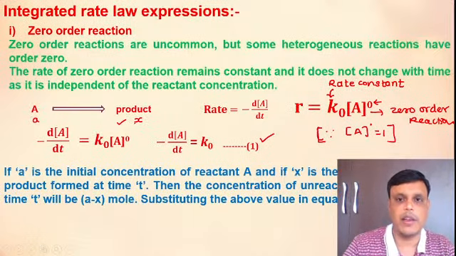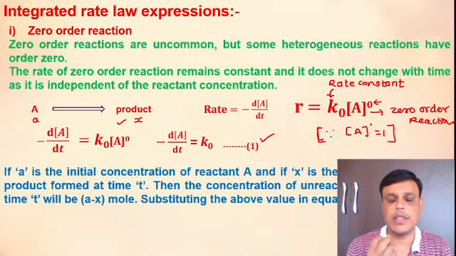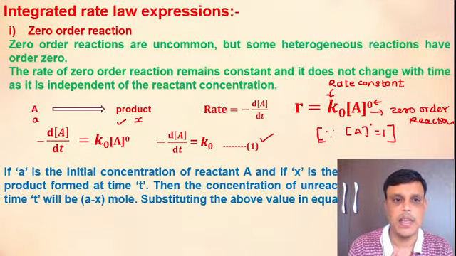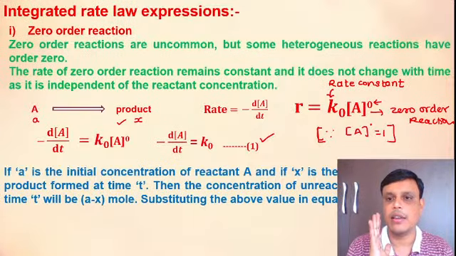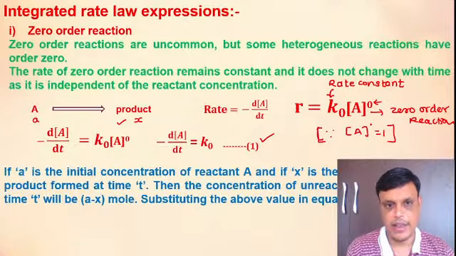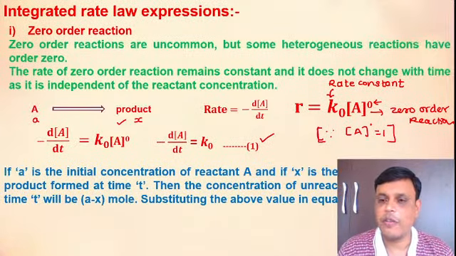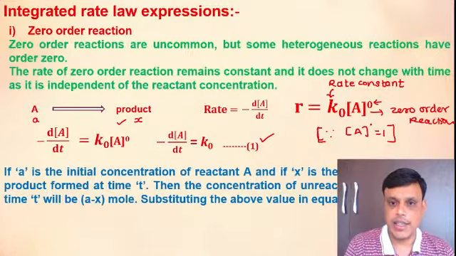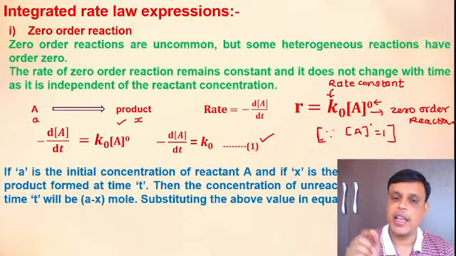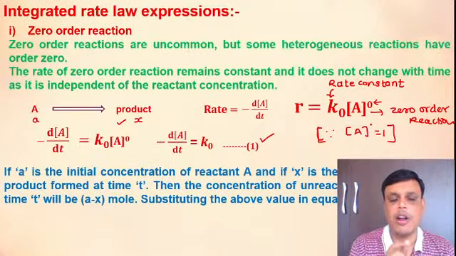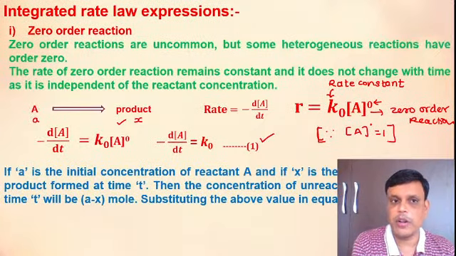After some time, for example 5 or 10 minutes, x moles of product are formed from A at time t. Then how much unreacted A is there at that time t? So a minus x. Out of a, x has formed as product, so how much will remain?